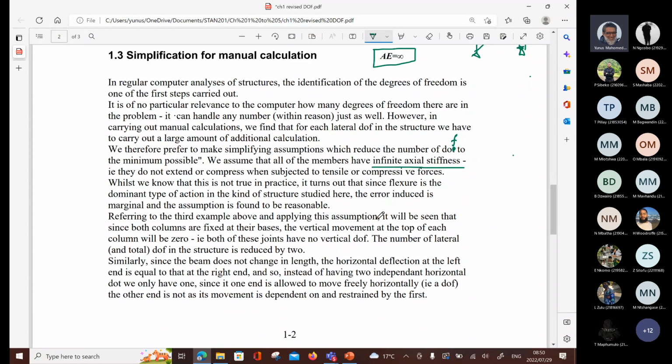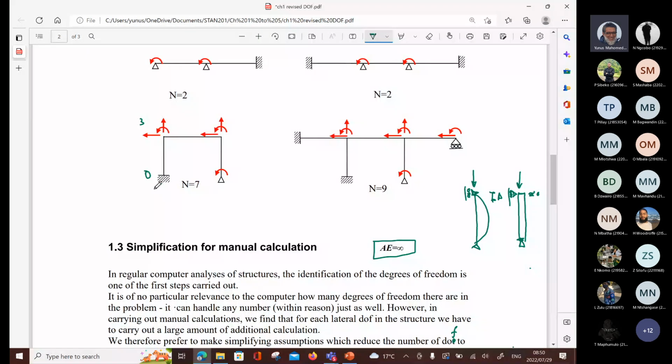Referring to the third example above and applying this assumption, it will be seen that since both columns are fixed at their bases, so we come into this one here, right? We're looking at the third one that we dealt with. What we can see is that if these two have infinite stiffness, even the beam, then because the column is connected to a foundation, it's not really going to expand or shorten because it's not really going to change its length.